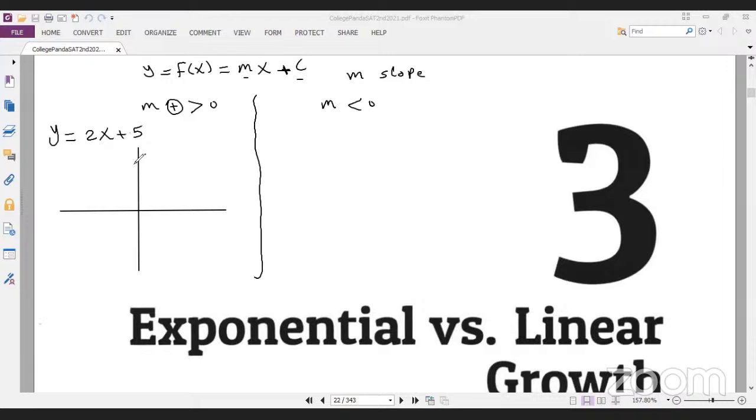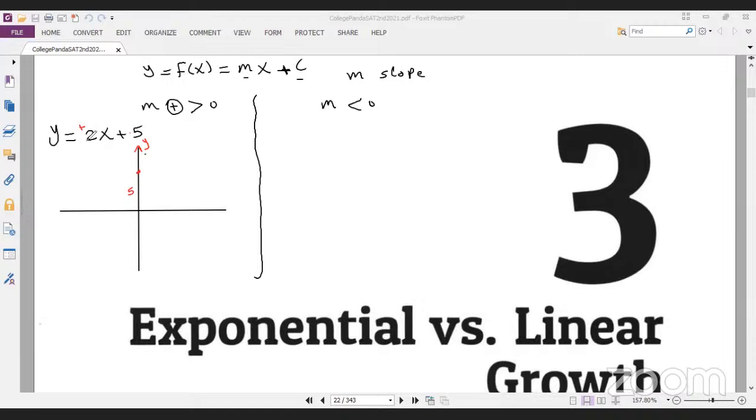Of course you are not required to draw it. A graph is not required on the SAT, but you have to know that the intercept is 5. The line cuts the y-axis at 5.